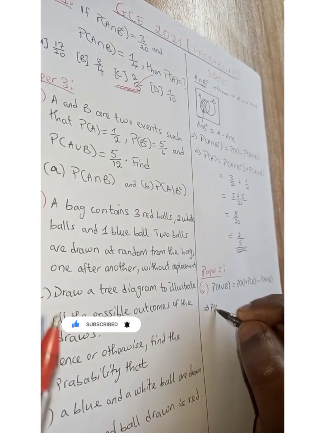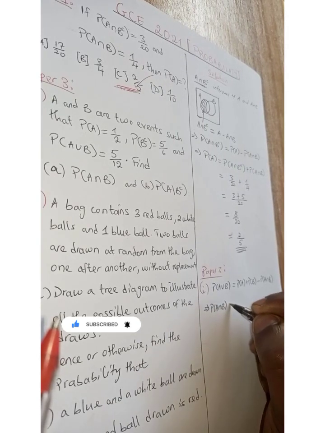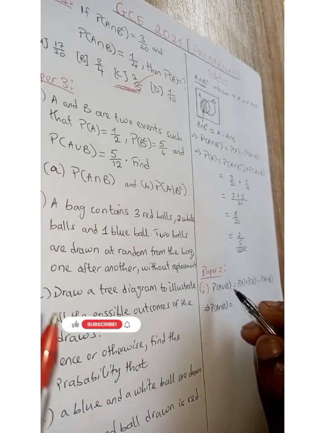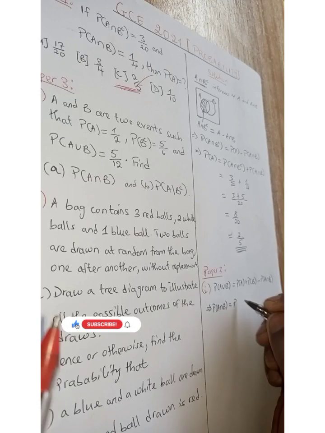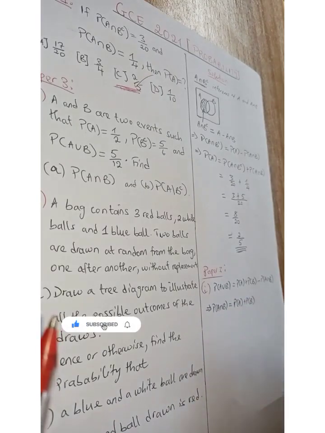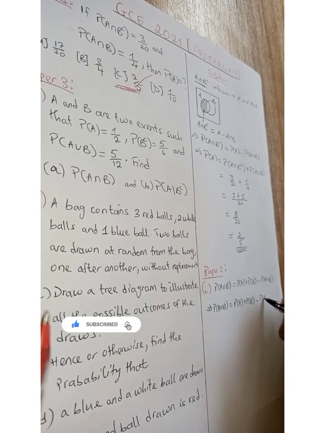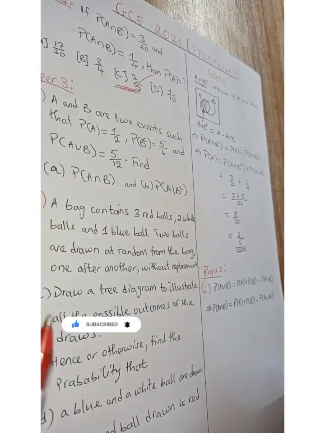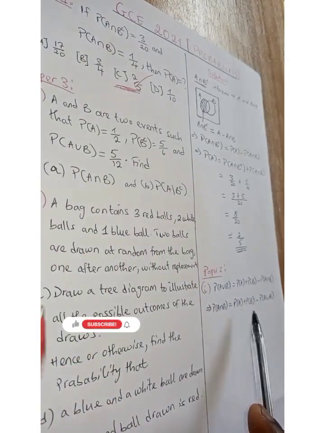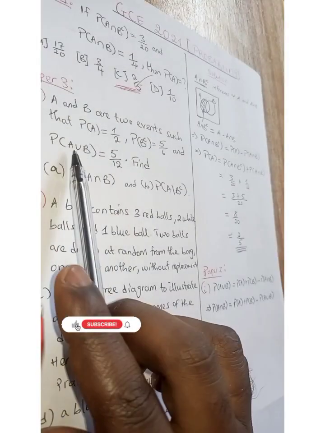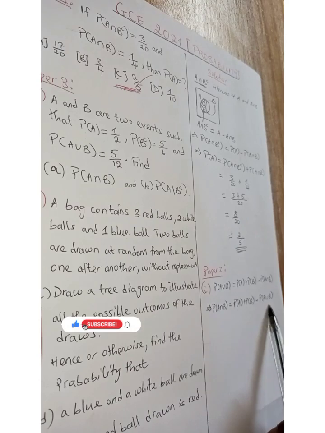That is, the probability of A intersection B becomes the probability of A plus the probability of B minus the probability of A union B. Now the question gave us the probability of A, which we can substitute, and the probability of A union B, which we can also substitute.